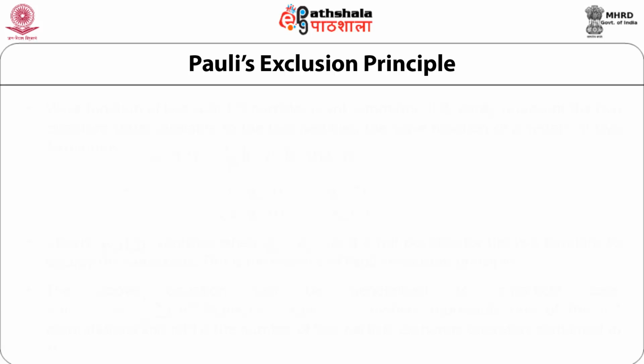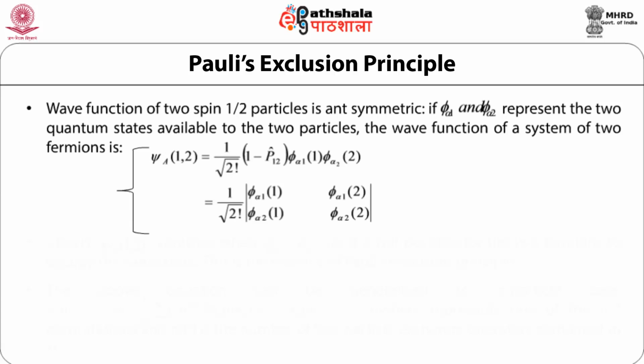Pauli's exclusion principle. Now, we know that the fermions have half integral spins, whereas the bosons have integral spins. So, if we want to write down the wave function of two spin half particles, that is two fermions, then we know that the wave function is antisymmetric.